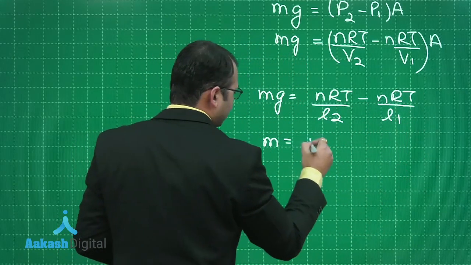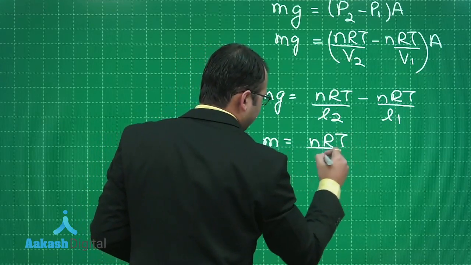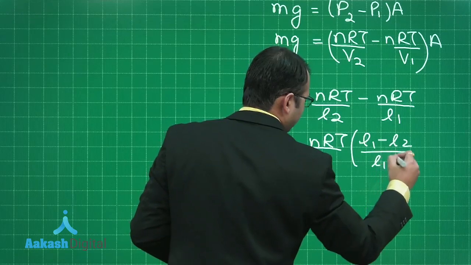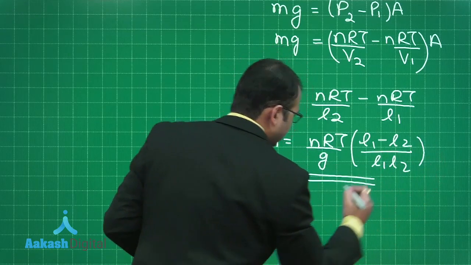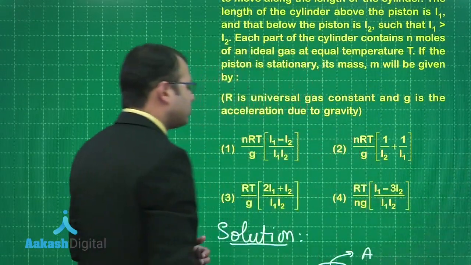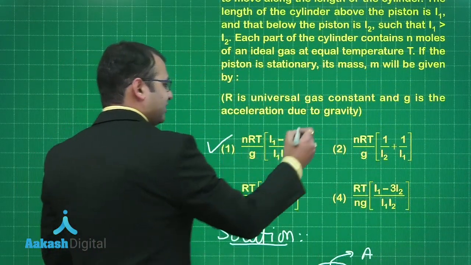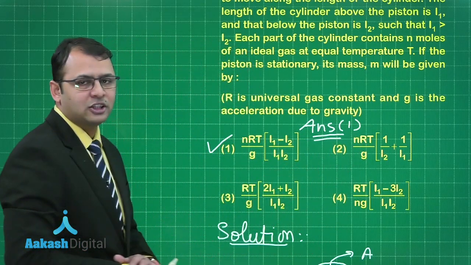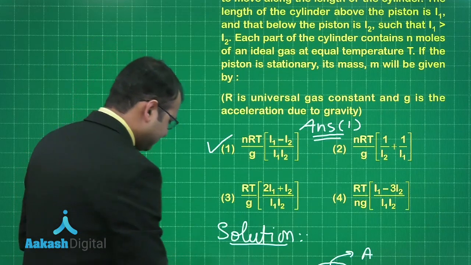Solving this, you will get nRT by g into (L1 minus L2) by L1 L2. Let's see which is the best suited option here. Among the 4 options given, option 1 is the right answer to this question. Clear? Let's move on to our next question.